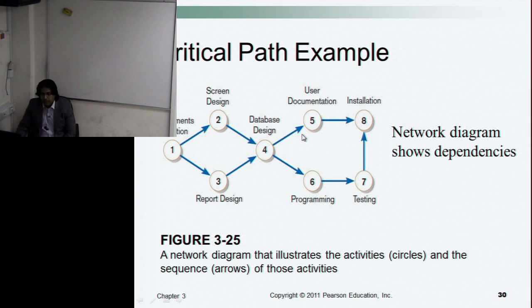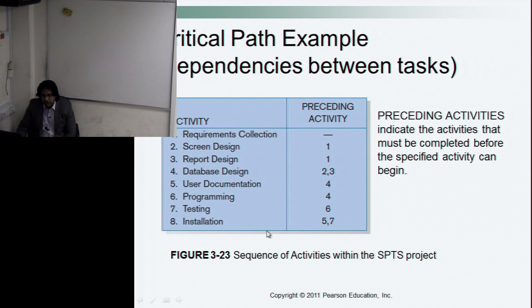So similarly, we can continue and keep on drawing the activities, following them the preceding activities. So for instance, when you finally draw an activity 8, that is preceded by the activities 5 and 7.